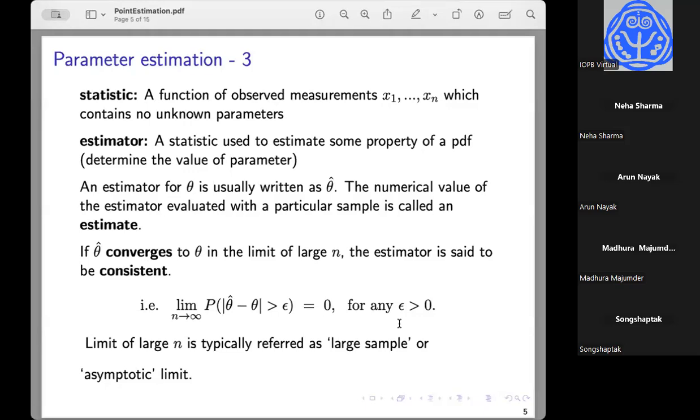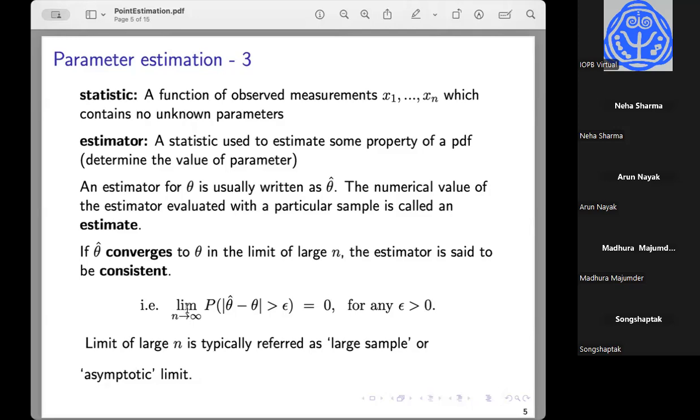If the estimator theta hat converges to theta in the limit of a large number of events, or large n, we call it a consistent estimator.